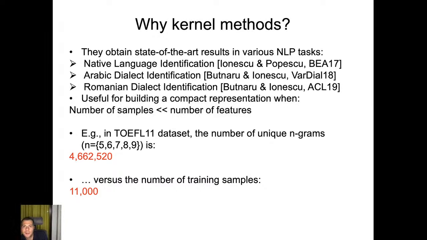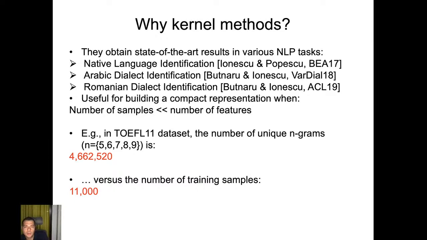Going back to our example, native language identification. In the paper referred here, we applied it on the corpus provided by TOEFL, and the number of unique n-grams in this corpus is around 4 million and a half. The number of documents in the training data is 11,000.